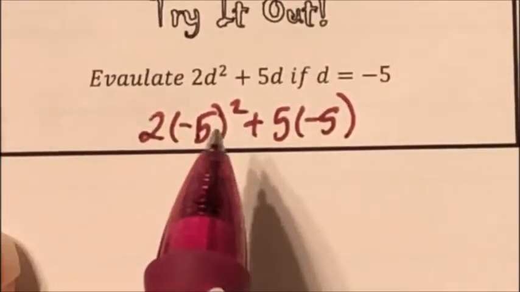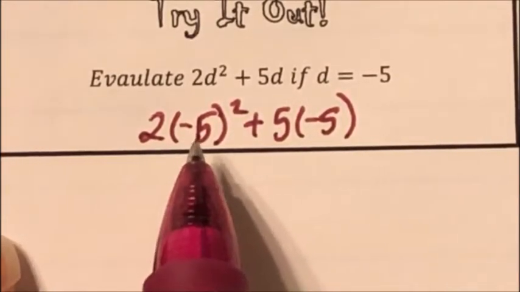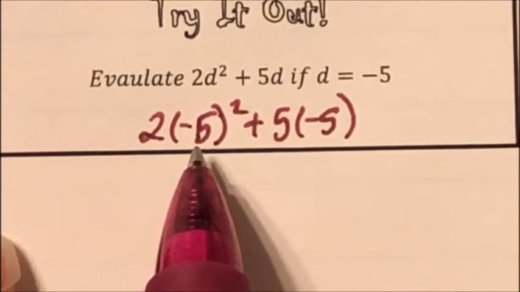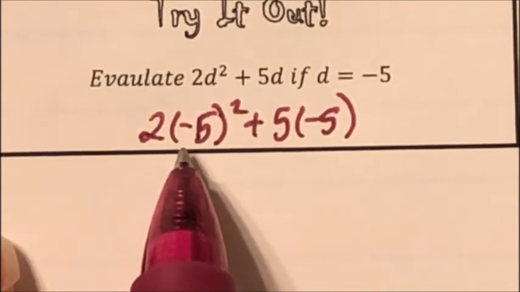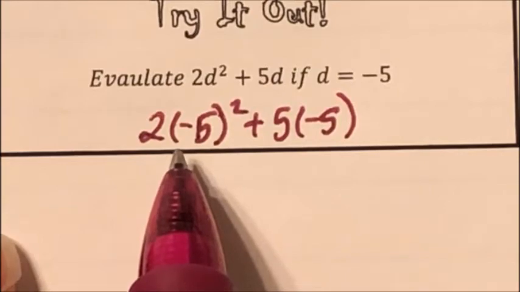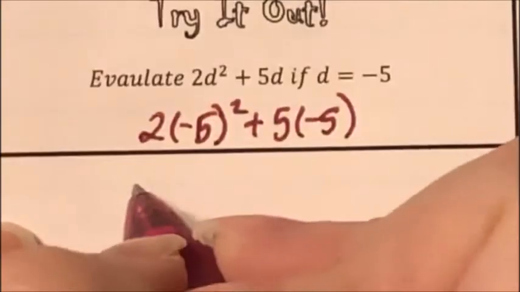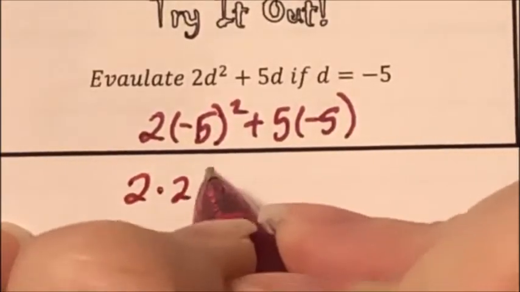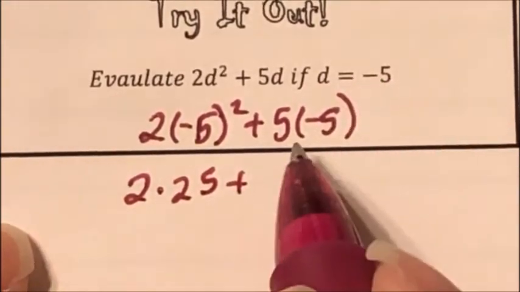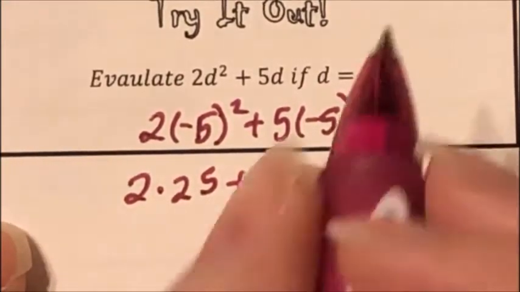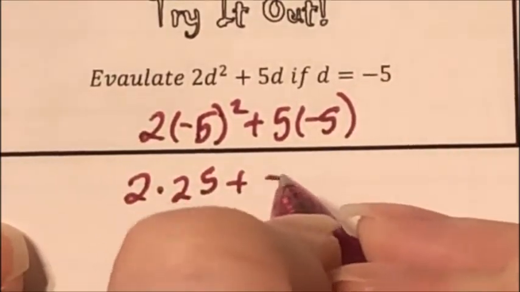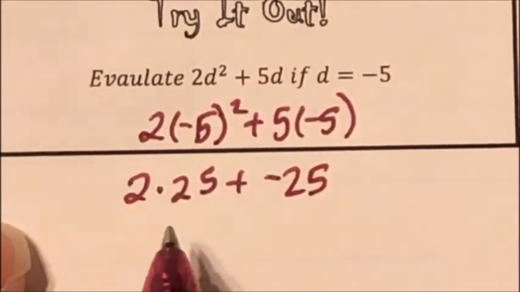First thing I want to do is square -5. So -5 times -5 is positive 25. So 2 times 25 plus 5 times -5 is -25.